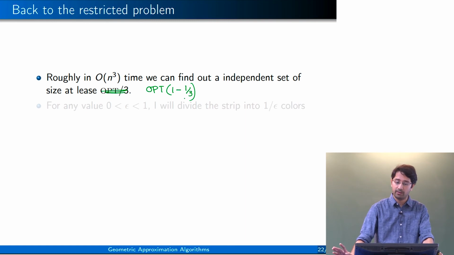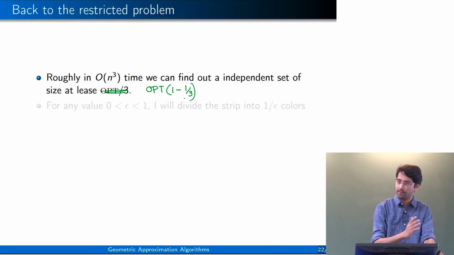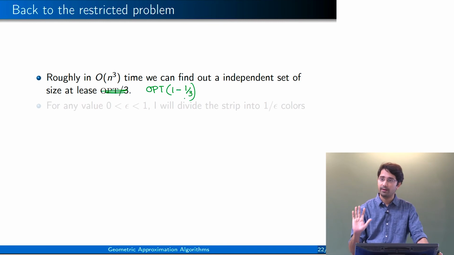This is our algorithm. So, deleting 1/3 of them, right, and in time vaguely n cube, I am finding a solution of size opt into 1 minus 1/3.